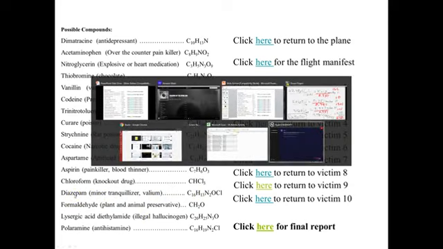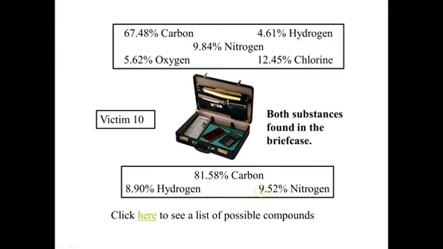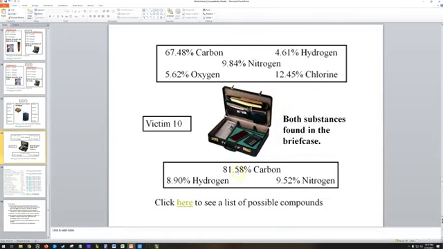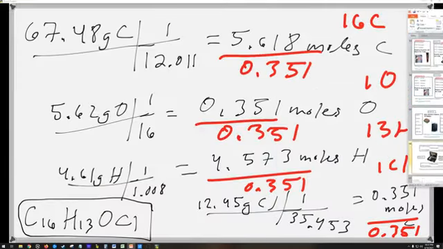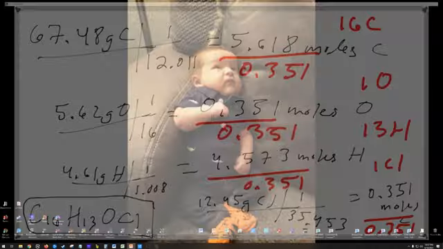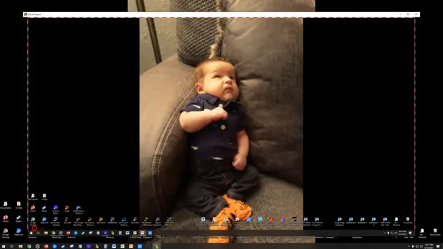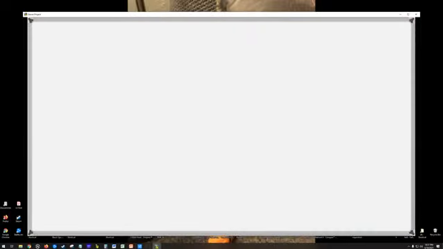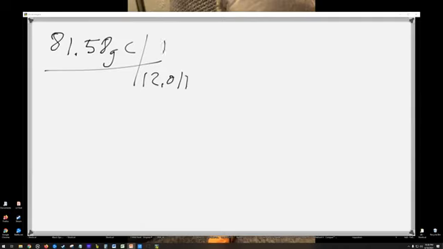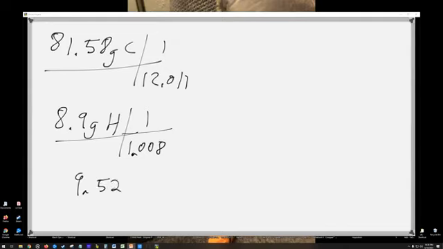Okay, let's find out victim 10. All right, let's look at our last compound. All right, we're going to do this one right here. All right, let's figure out what that is. This one is 81.58 grams of carbon, 8.9 grams of hydrogen, and 9.52 grams of nitrogen.